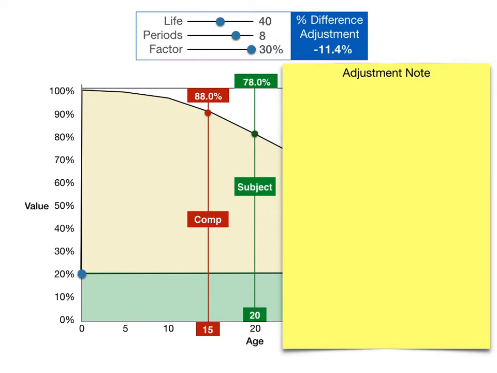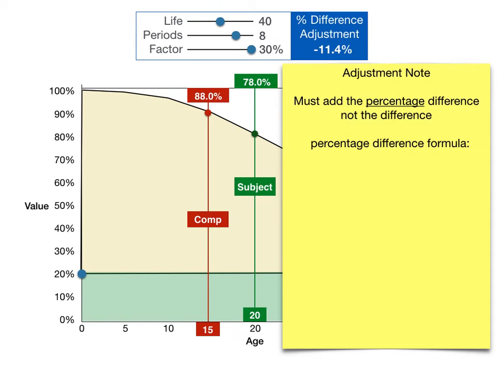And again, we're adding the percentage difference, not the difference. The formula, subject minus comp divided by comp, 78% minus 88% divided by 88%, gives us minus 10% divided by 88%, which is minus 11.4%.